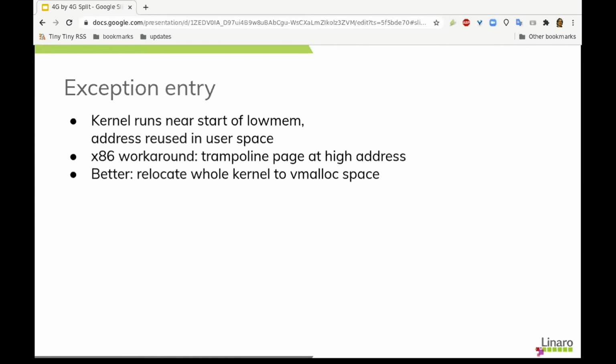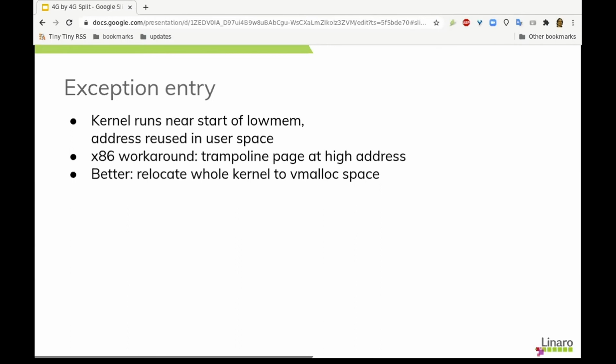And for x86, the approach was that there's a small trampoline, just a little 1 or 2 pages at the top of the address space. All the exceptions would end up in that trampoline, then swap the page tables, and then start executing the normal kernel.